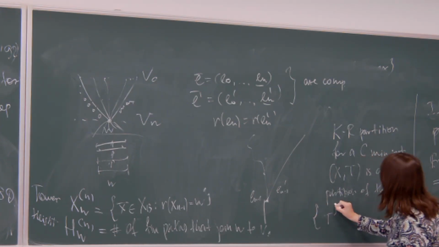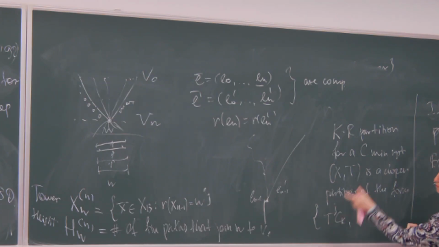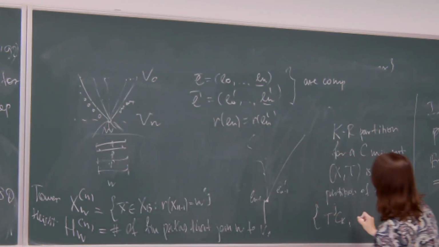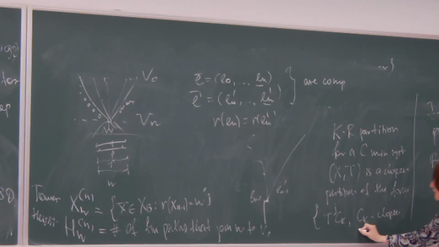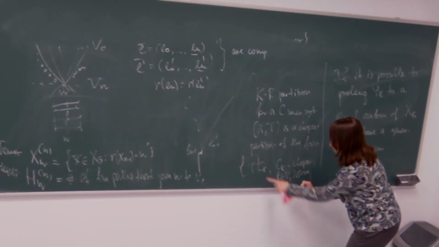We have Cj, Ck, where Ck are the bases of the towers. They correspond to these minimum cylinders. So Ck is clopen, and there are finitely many of them. Index j changes from 0 to the height of the corresponding tower.